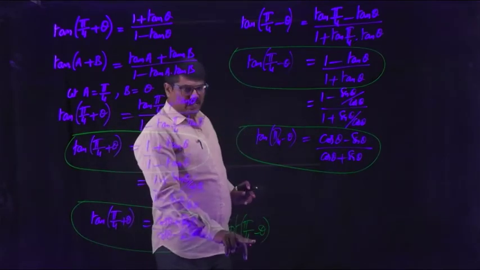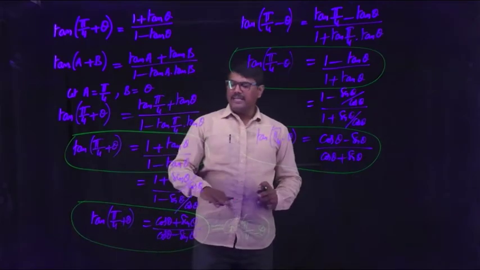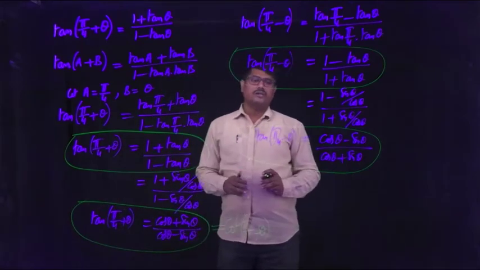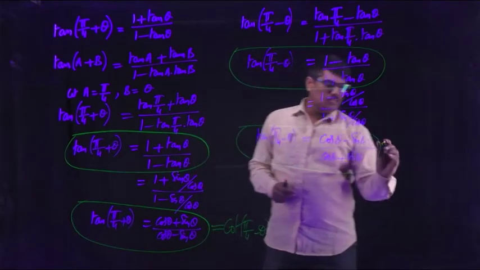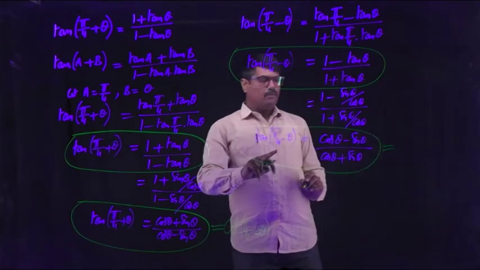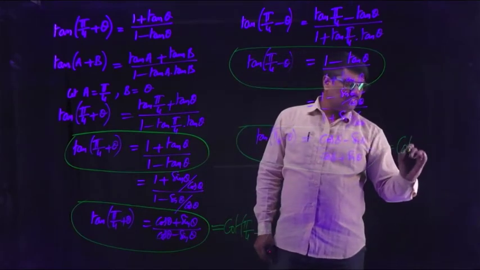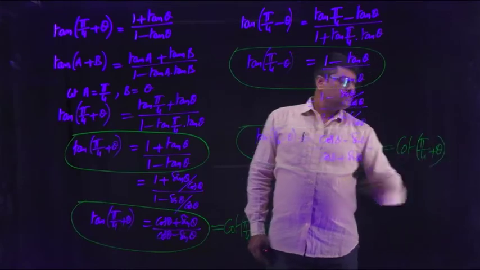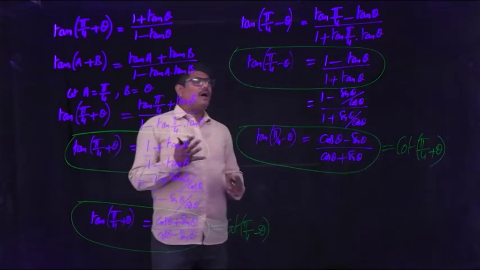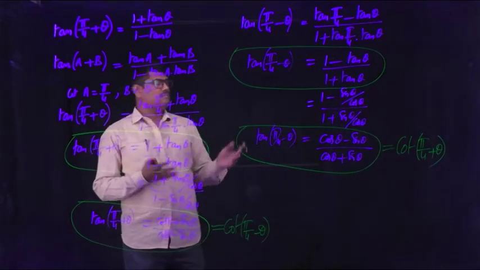Adding these two, you will get π/2. That's why tan θ will be cot(90 − θ). By that you will get cot(π/4 + θ). And here also, tan(π/4 − θ) in terms of cot is cot(π/4 + θ). So you can remember the formula in terms of tan or in terms of cot.